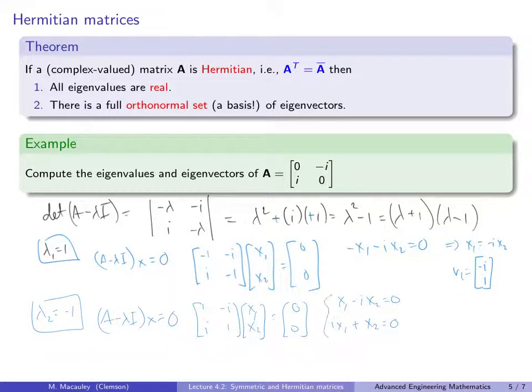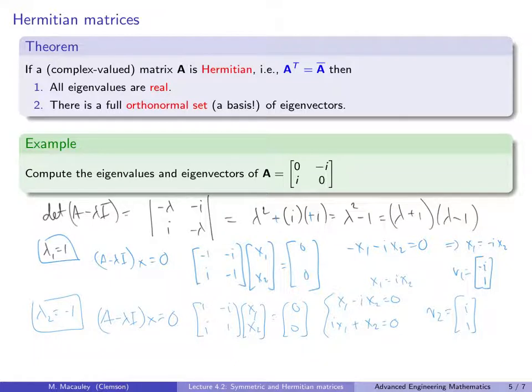It may not look like these are multiples of each other, but I claim they are. If you take this equation and multiply it by i, you get that equation. So this tells us that x1 equals i times x2. Whatever the x2 entry, call it 1, the x1 entry is i times that. So i and 1. Okay, so we have a set of eigenvectors.